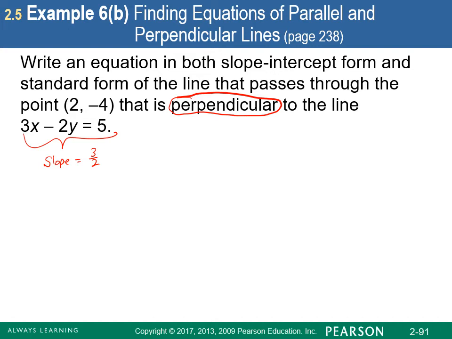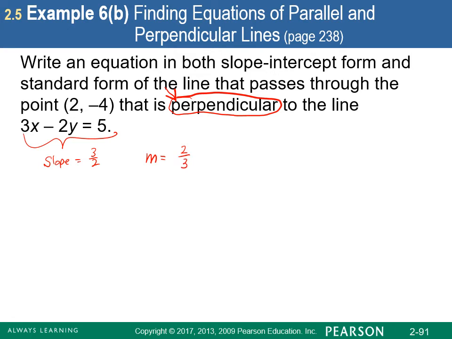But this time, the line we're looking for is perpendicular to that. Now, a perpendicular line is going to have a slope that is just the reciprocal of this, which would make the 2 on top and the 3 on bottom.